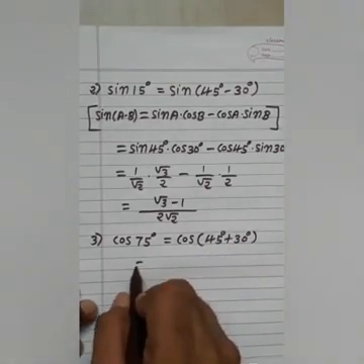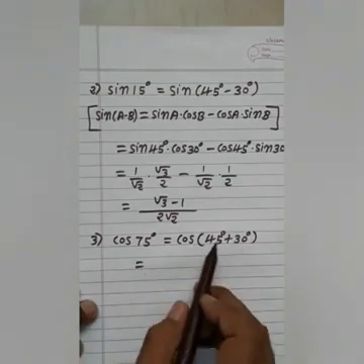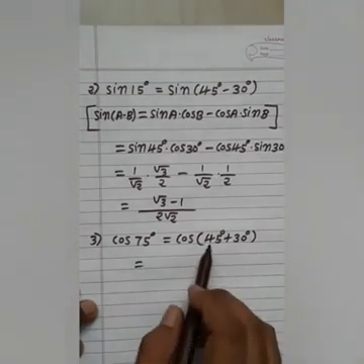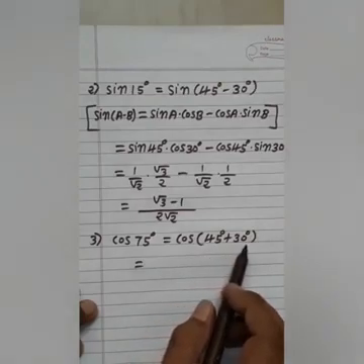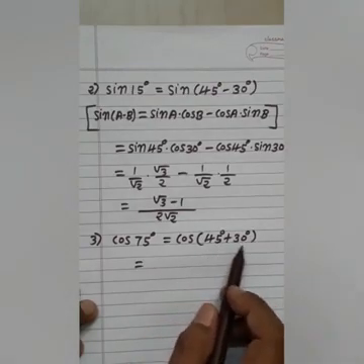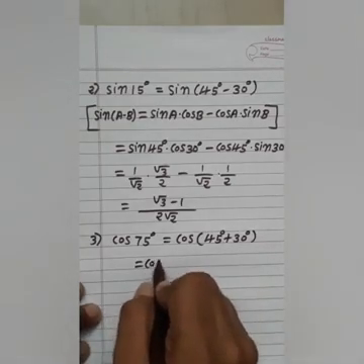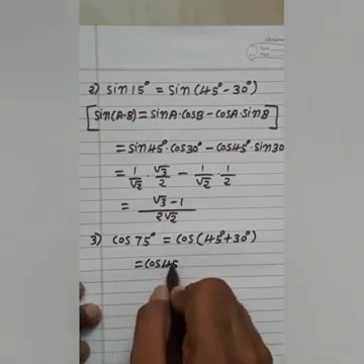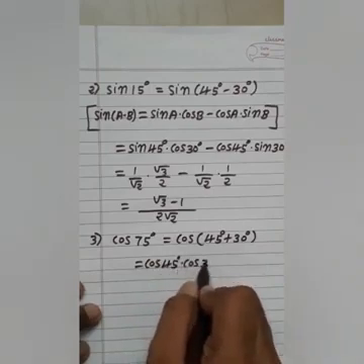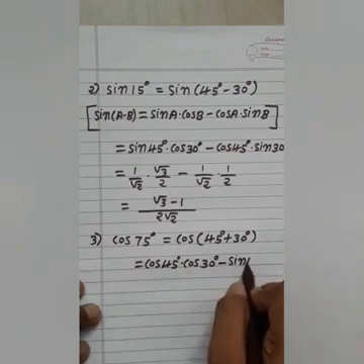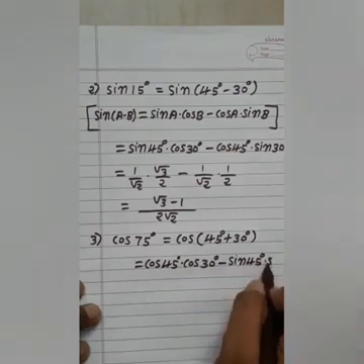Now here apply the identity cos A plus B. So cos A plus B means cos A cos B minus sin A sin B, since the plus sign is present. So we can write cos 45 into cos 30 degree minus sin 45 into sin 30 degree.